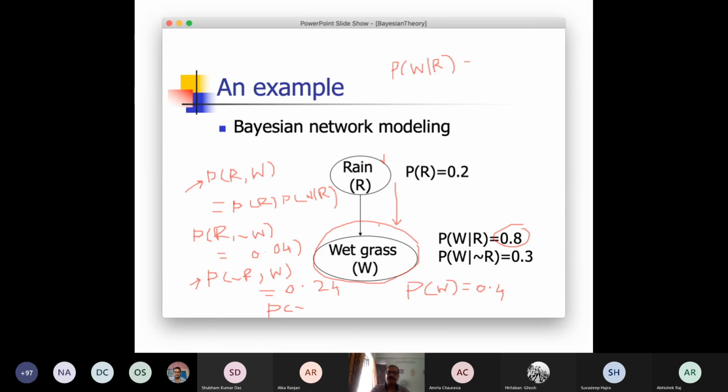So can you compute this? The probability of R given W is the probability of W given R into the probability of R, divided by the probability of W. The same Bayes theorem you can use.